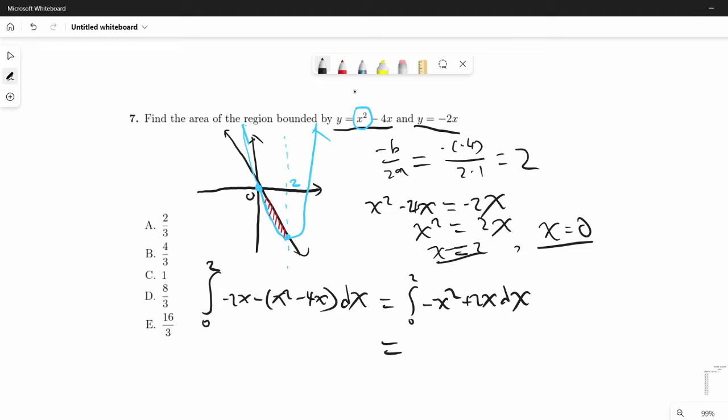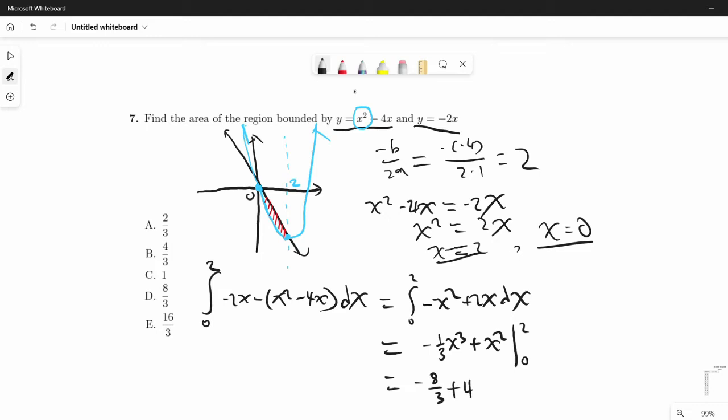Now do the simple integration. This will be negative one-third x to the third plus x squared. Evaluate it from 0 to 2. So this would be negative 8 over 3 plus 4.